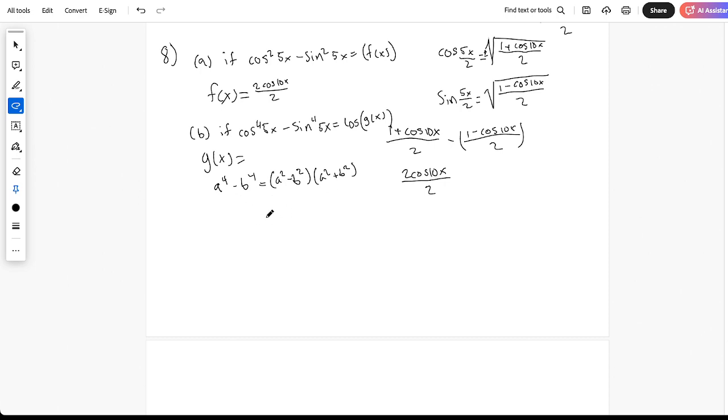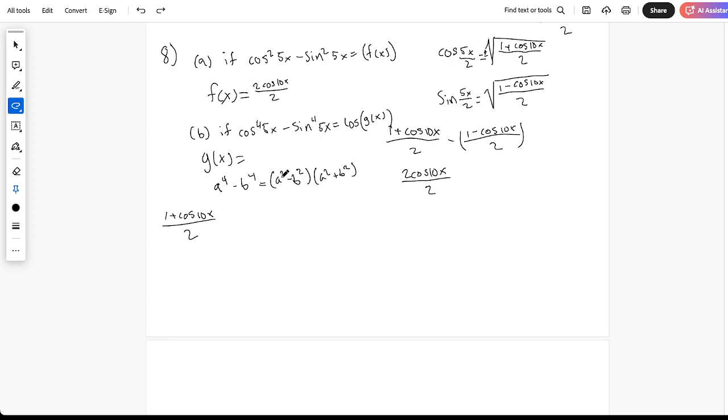So let me write it really big and complicated so it makes somewhat sense in our head. Okay, I'm going to start way over here. So this will be 1 plus cosine of 10x over 2. Wait.